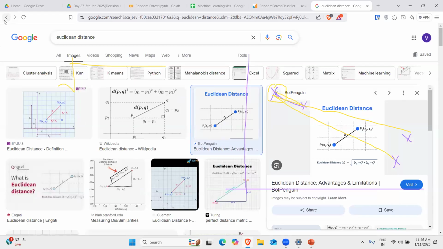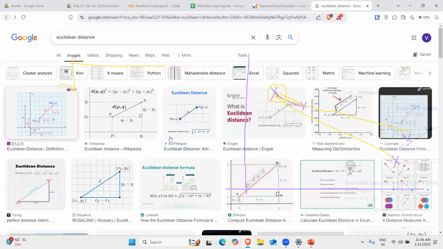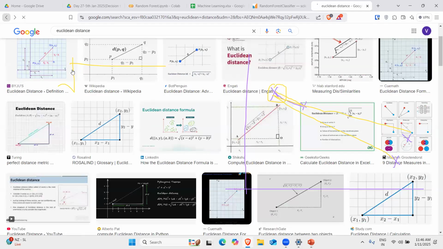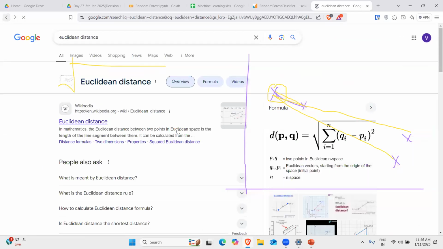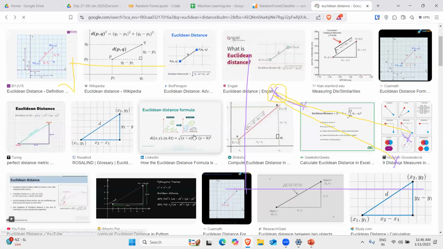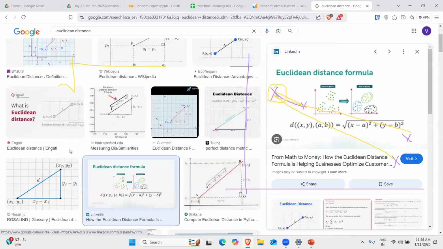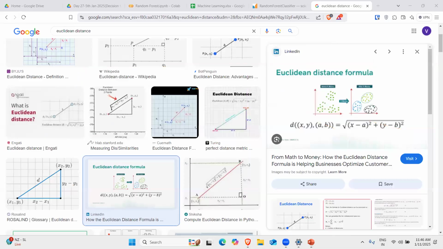Suppose you have data points, you convert them into clusters and then find the Euclidean distance. To find the Euclidean distance, we have this formula. Suppose you have this point and this point.